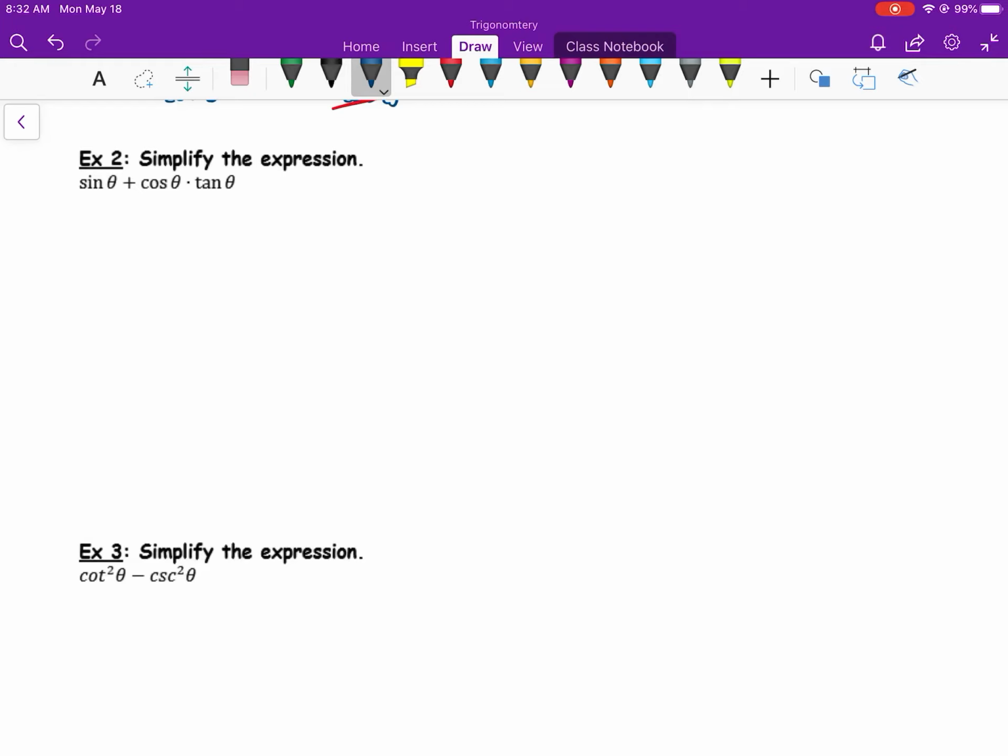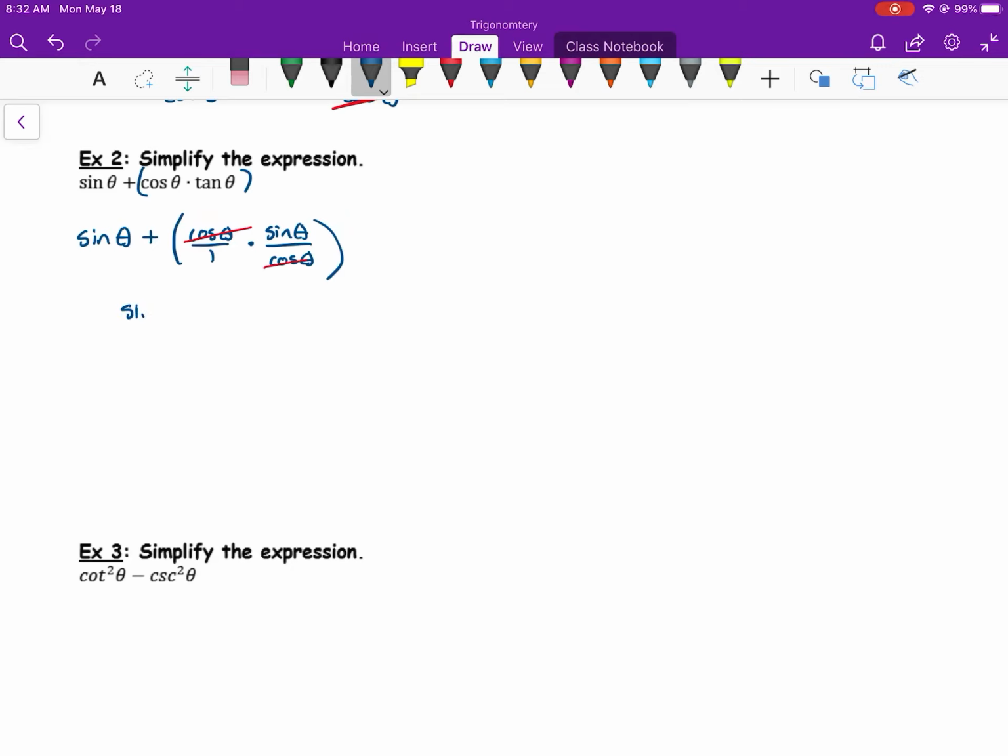So to simplify the expression, we have sine of theta plus cosine times tangent. So sine of theta plus cosine of theta over 1 times tangent, which is sine theta over cosine theta. Nice thing here, boom, cancels out.